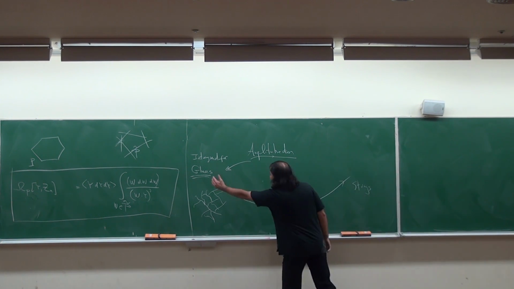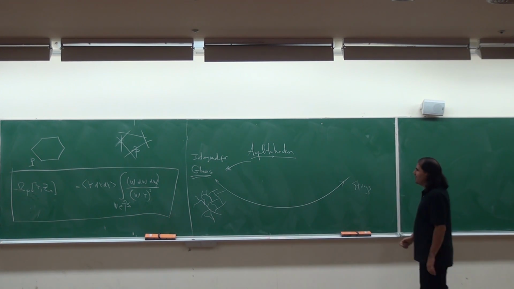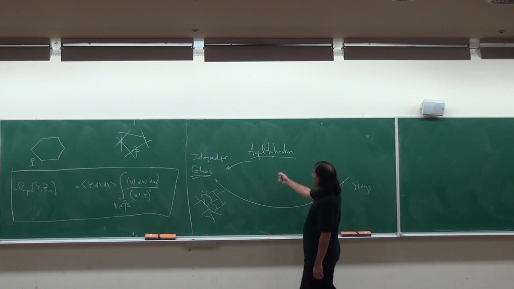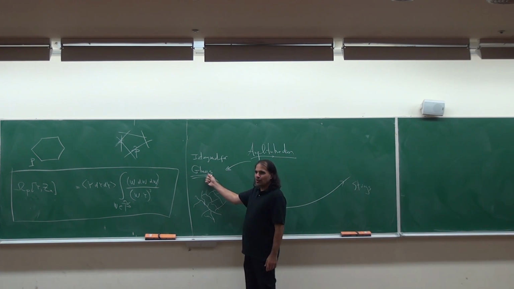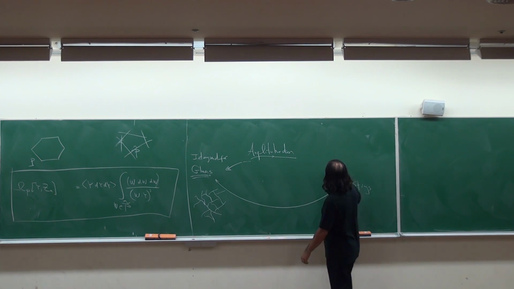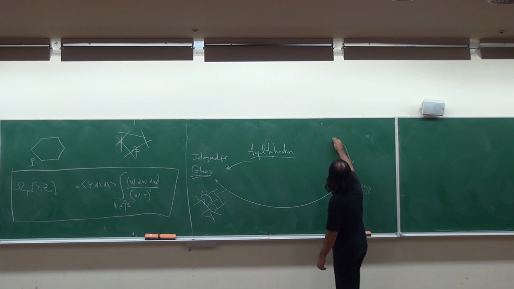So since we know we have a duality between gauge gluons and strings, and the amplituhedron is the invariant way of capturing the gluon part, by symmetry there has to be some object that captures the string part.